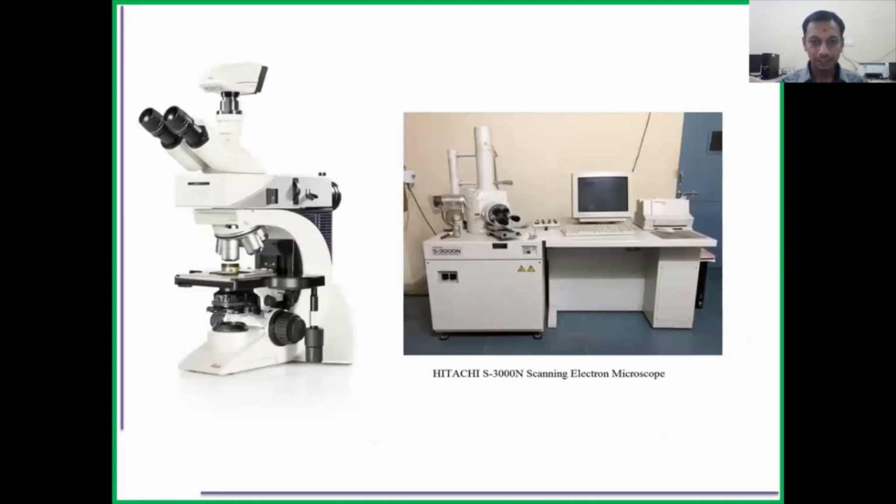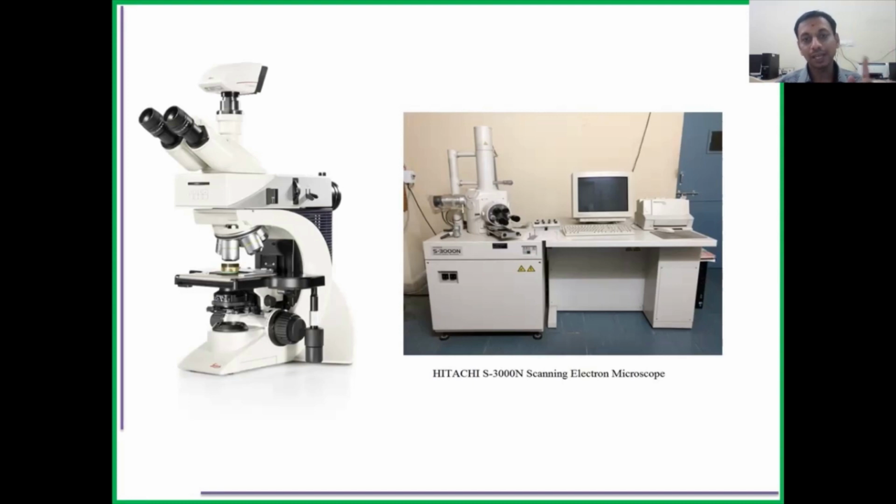So here is the picture of a scanning electron microscope, and this SEM is at our Department of Material Science, Sardar Patel University, and the nanomaterials can be visualized, can be observed under SEM also. This is the scanning electron microscope, and it can be observed under a transmission electron microscope also, TEM.